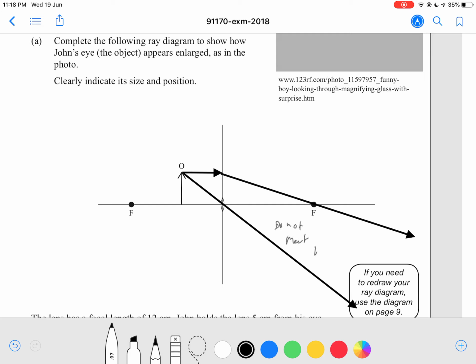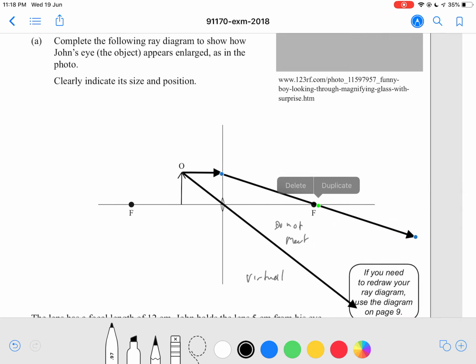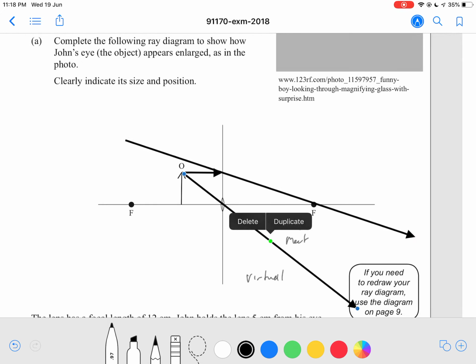Hence this will be a virtual image once again, and therefore we're going to dot back our rays. We're going to dot ray 1 back, and we're also going to dot ray number 2 back.